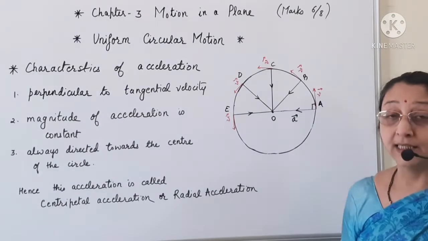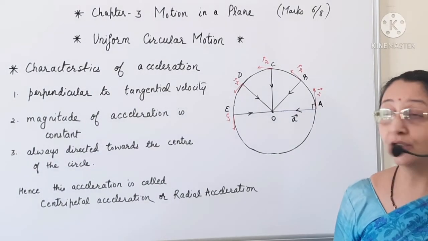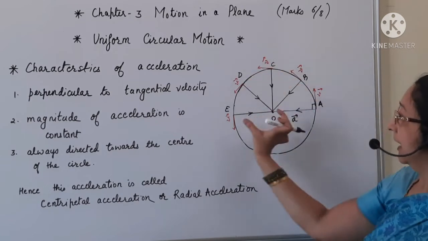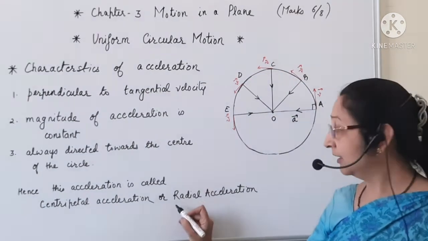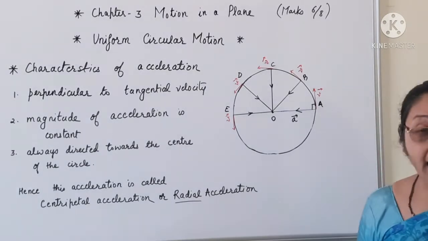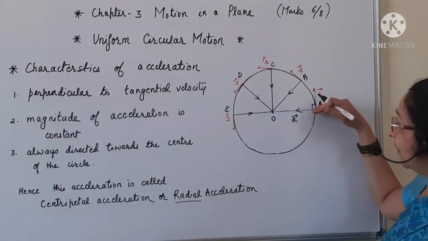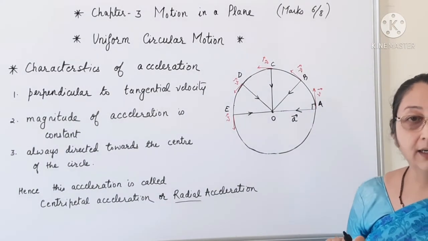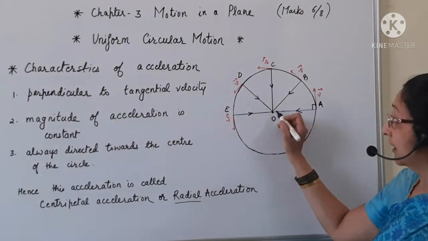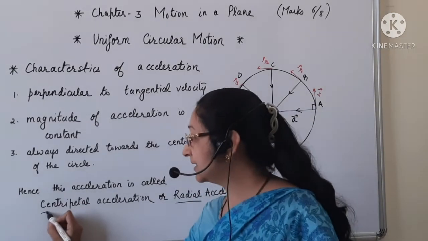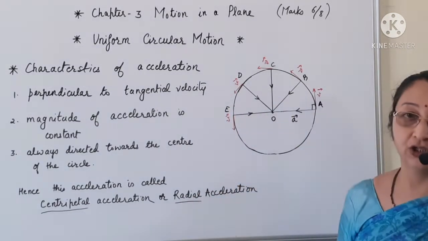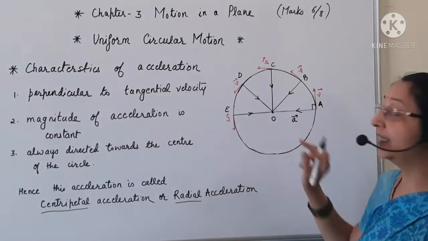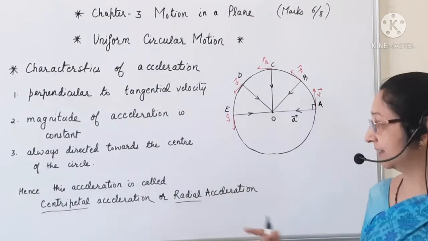Now, how is the acceleration directed? The acceleration is along the radius. Hence, the acceleration is called the radial acceleration. And since the acceleration is always directed towards the center of the circle, it is also called centripetal acceleration.